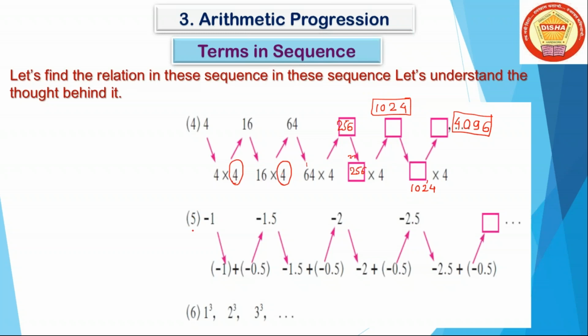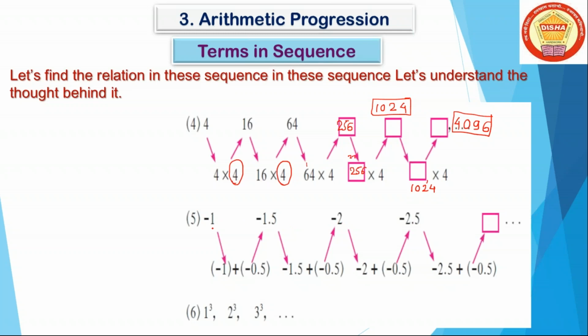Then we see example number 5, that is negative 1, negative 1.5, negative 2, negative 2.5 and so on. Again we see T1, T2, T3, T4 are given. Then what is the relation between them? We see that each term is decreased by 0.5.